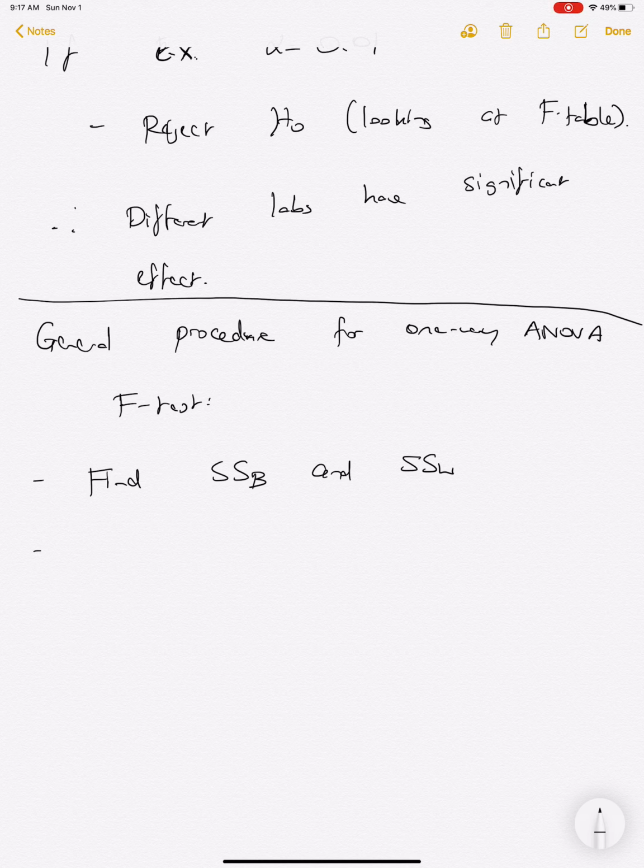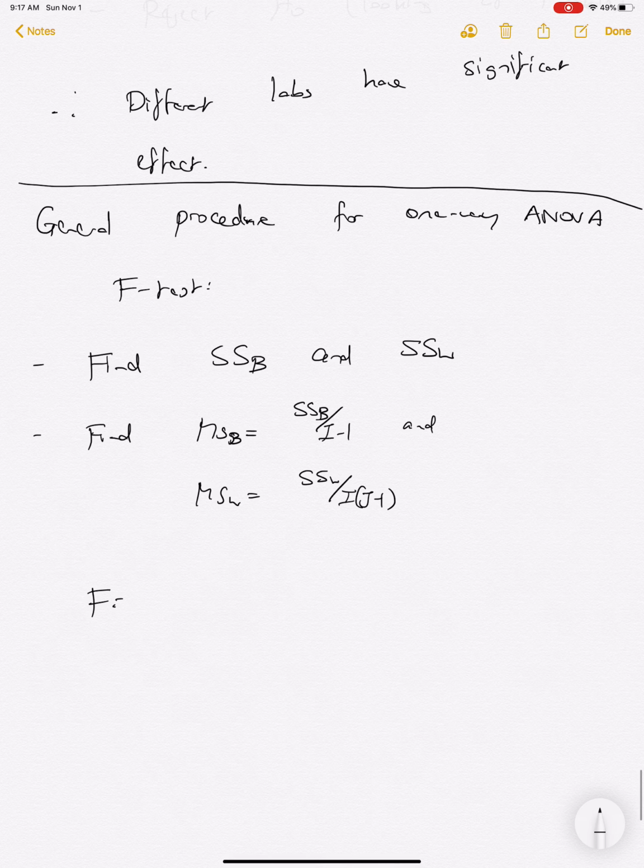Then we find MSB, which is SSB divided by I minus 1, and MSW, which equals SSW divided by I times (J minus 1). And then F is equal to MSB over MSW.